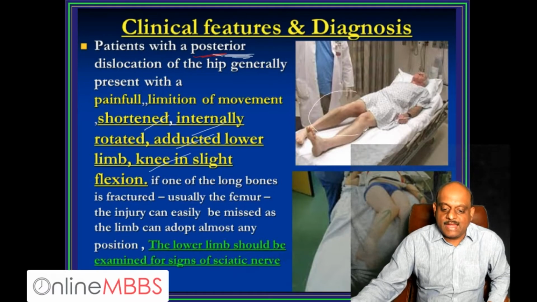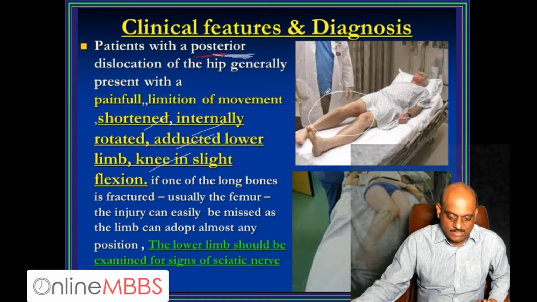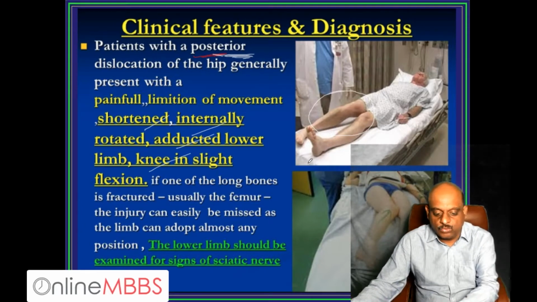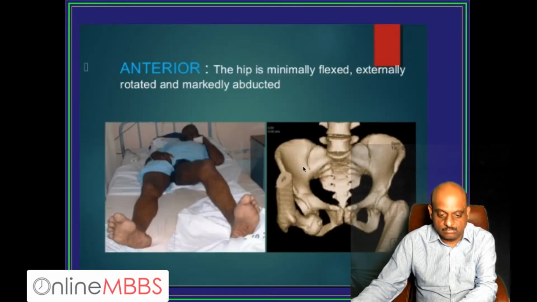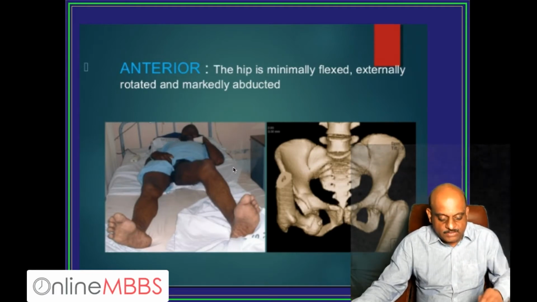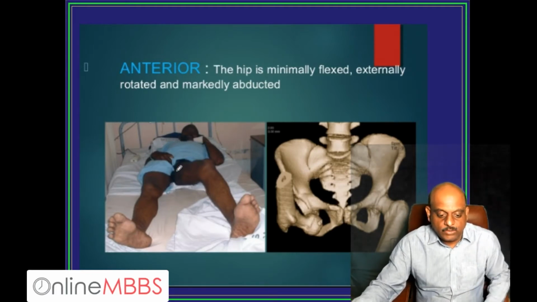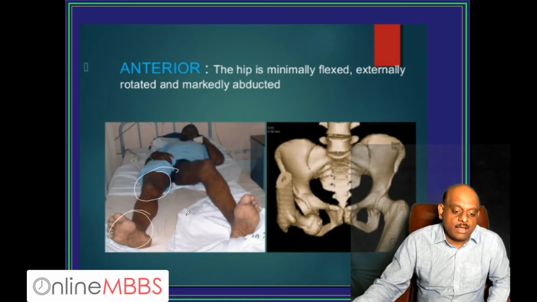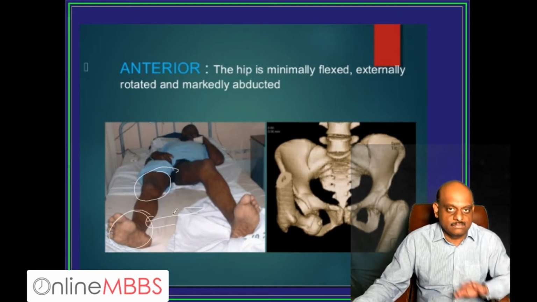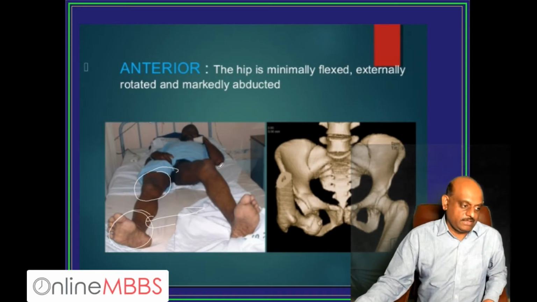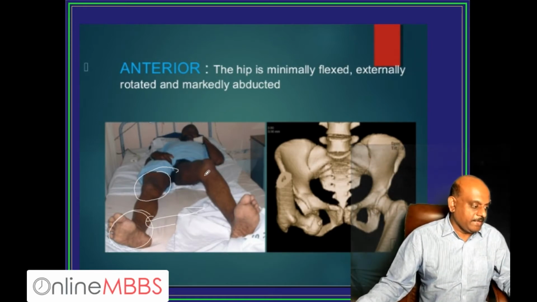So this is the classical appearance which you should not miss. In anterior dislocation, typically you get minimal flexion, external rotation, and marked abduction. So that is the typical attitude in anterior dislocation, is what you have to remember.